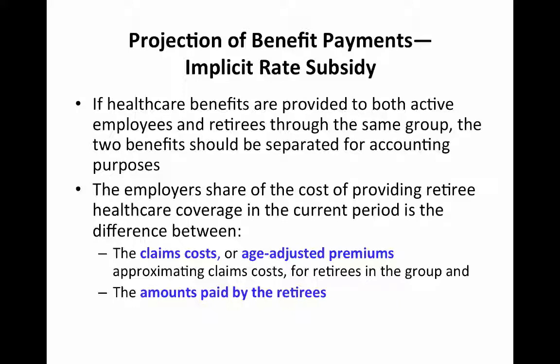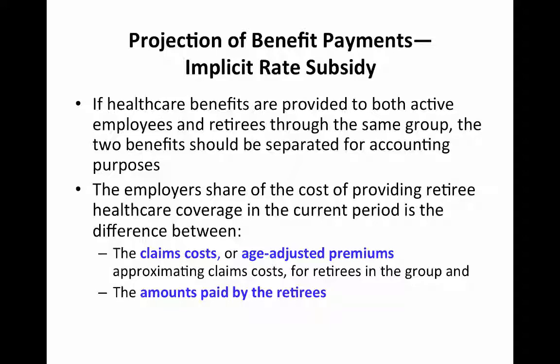And so one thing you have with OPEB, particularly talking about retiree health insurance, is that in a lot of cases the retirees are insured separately from the current employees, but in a lot of cases they're insured together, and so the premiums that are paid take into account the fact that there are a lot of older people in the plan, and that usually makes the average premium much higher, because as you should know, the older you get, the more expensive your health insurance gets, because your claims are greater. You're much more likely to use healthcare services when you're older than you are when you're younger.